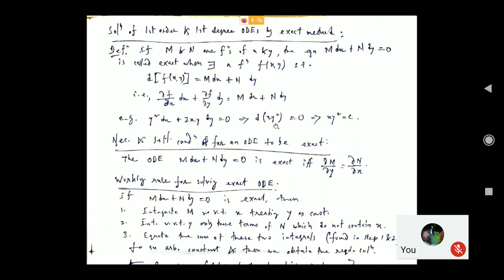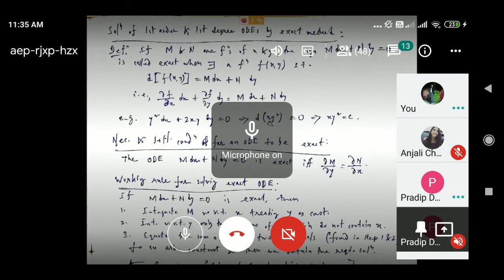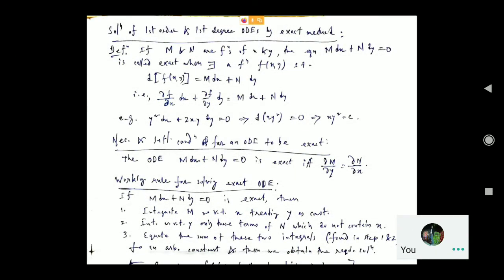Do you understand this step? Yes, sir. How is that coming? It is coming from this. When you have d of xy², it means the derivative of the function f with respect to x into dx.